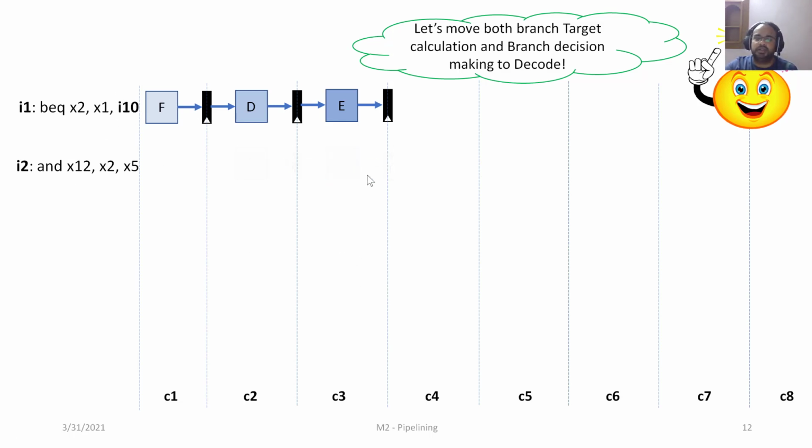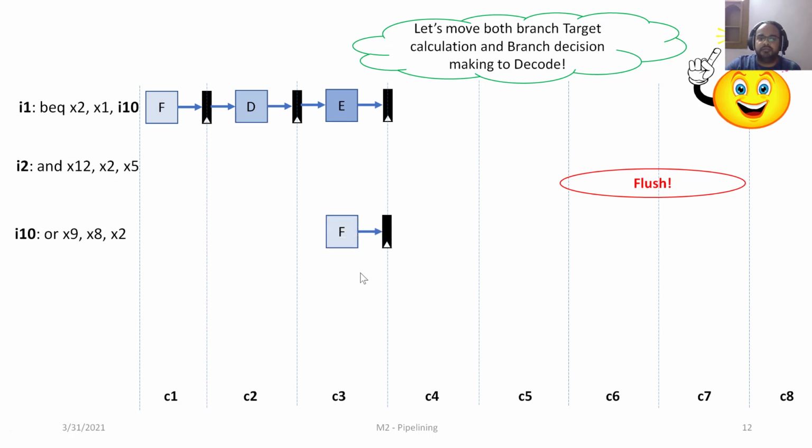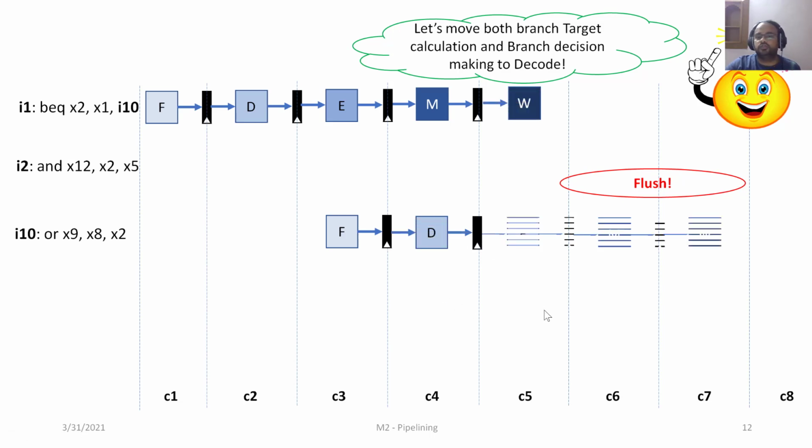So we will flush the pipeline, meaning we will zero out the interstage buffers between fetch and decode, and we'll update the PC with I10, right? In cycle 3, when I1 is in its execute stage, I10 will be fetched. And in cycle 4, I1 moves to the memory stage, I10 will be decoded, and so on and so forth.